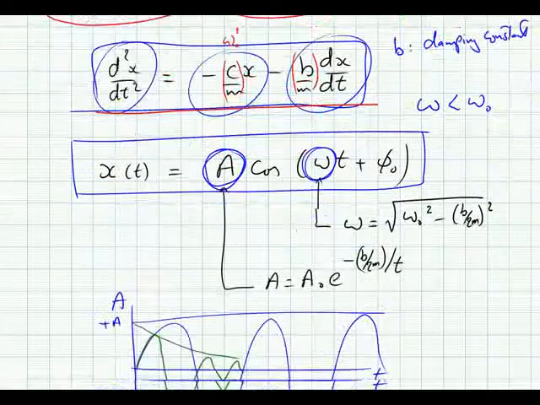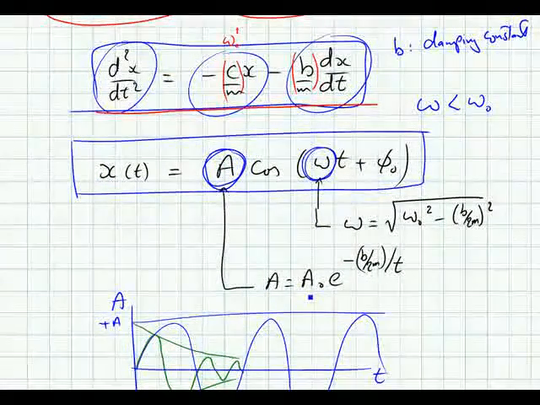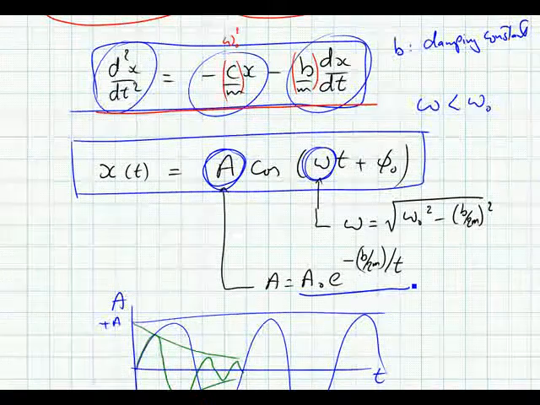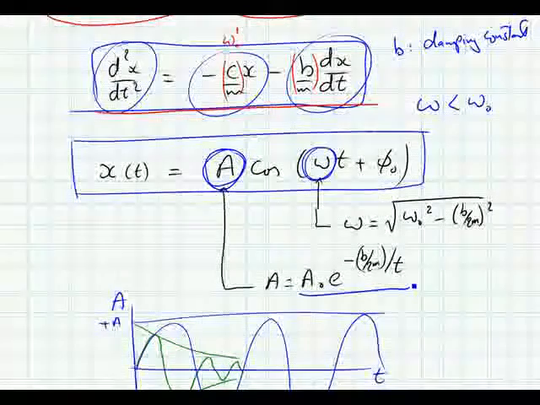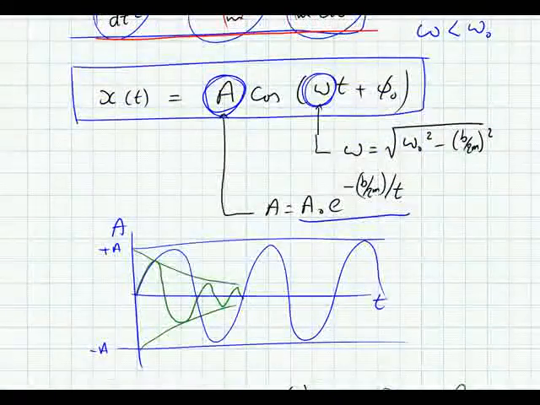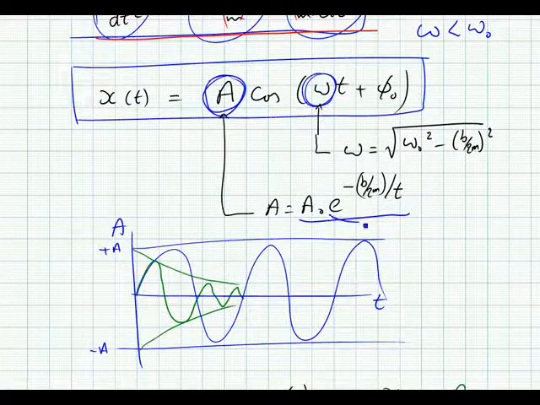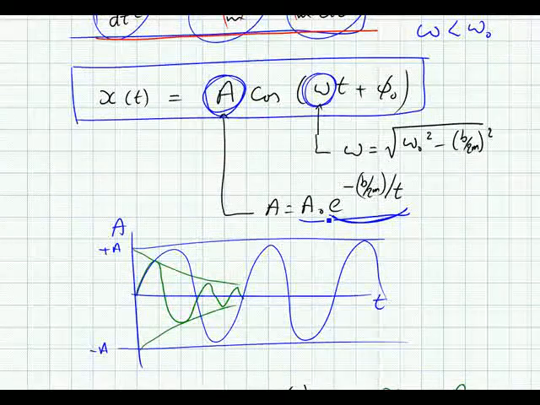Where A, in the case of a damped oscillation, is now given by this term, A naught times the exponential of minus b over 2m times t, where A naught is the amplitude of oscillation at t equals 0, and this exponential term describes how the amplitude diminishes over time.